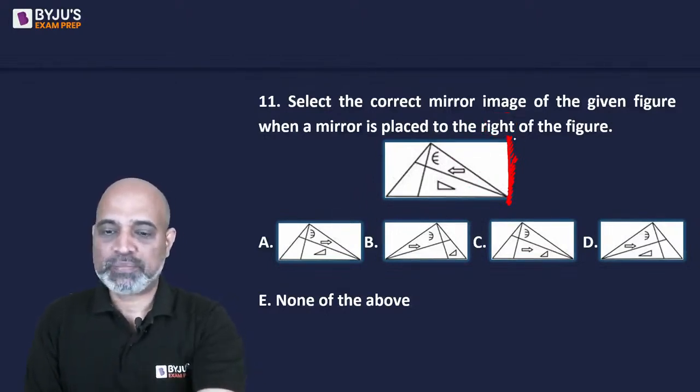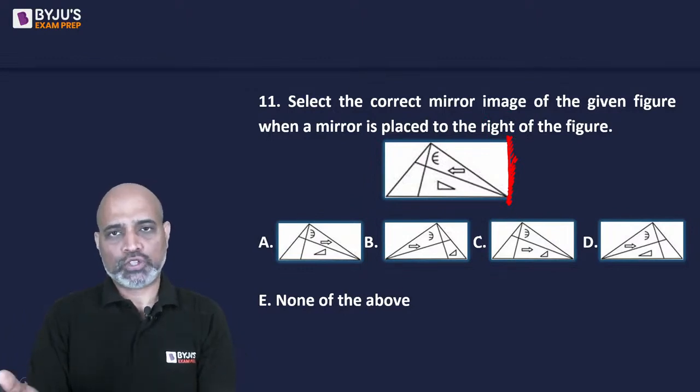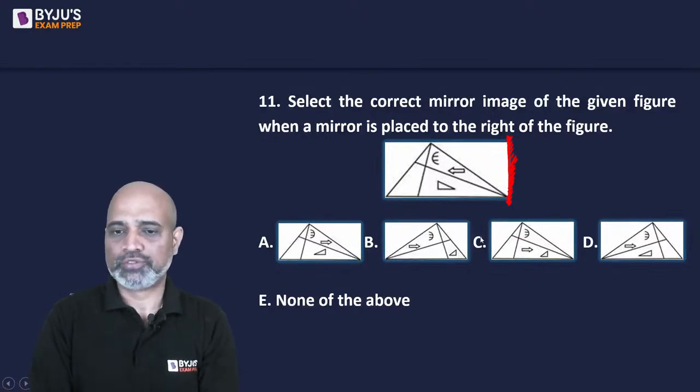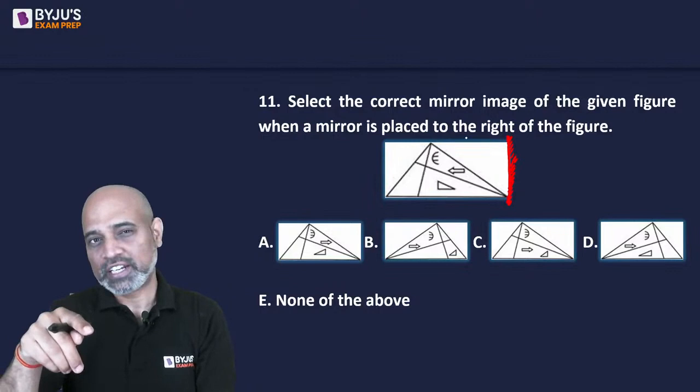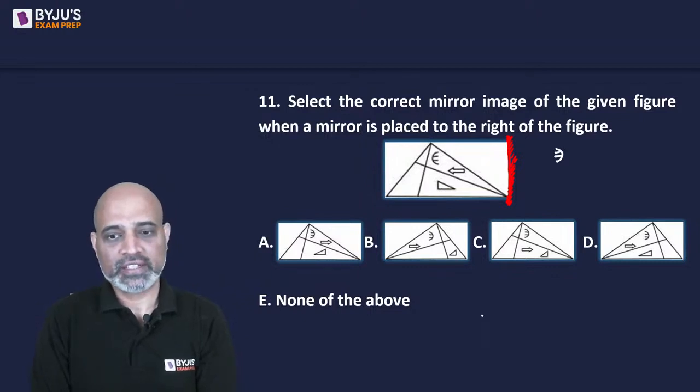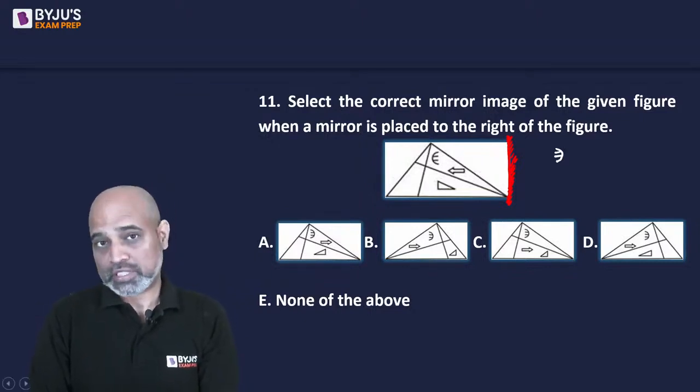So when this happens, what you have to do is only look at the symbols and see how they are going to be moved around. So the first one is this comb shaped figure that you have on the top. This is going to be facing towards the left, right? All the four options have that.